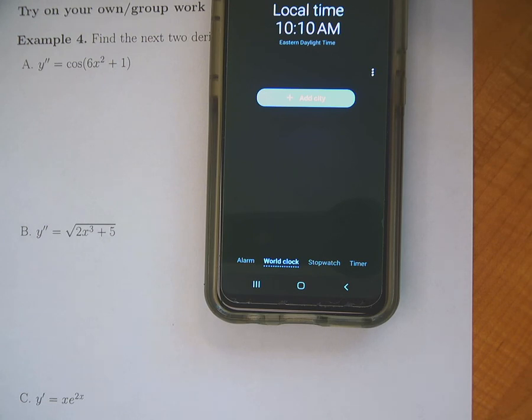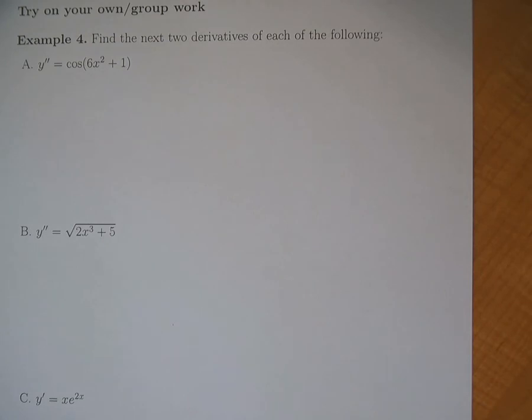One more minute. Okay. It is now 10:11. Let's go ahead and reconvene.